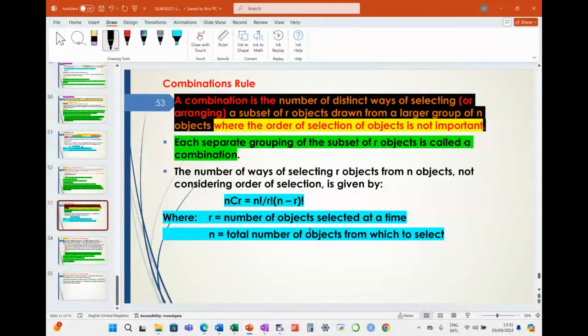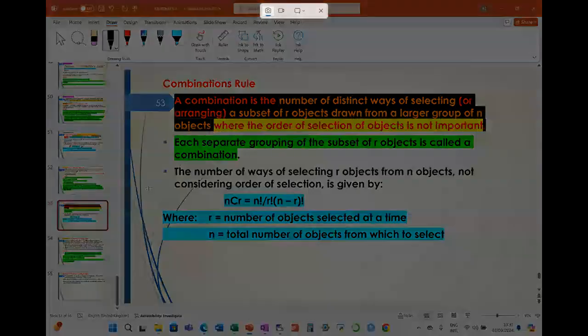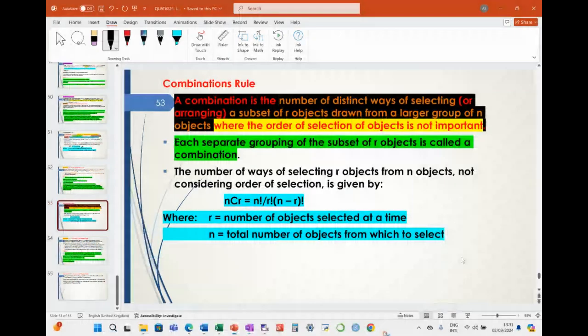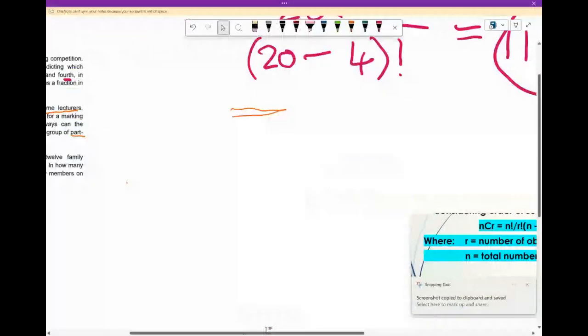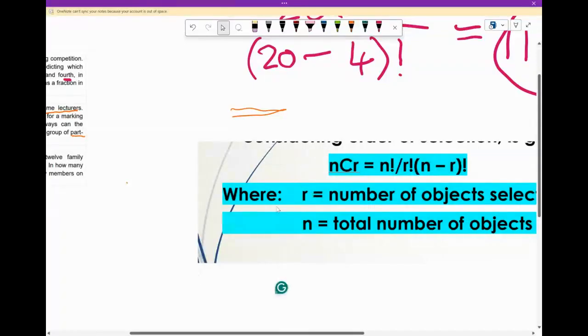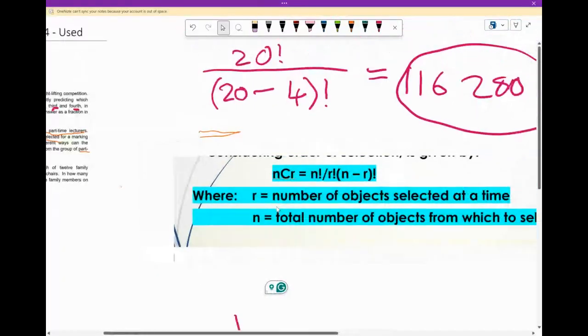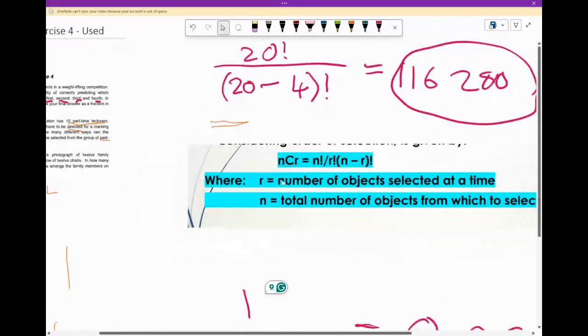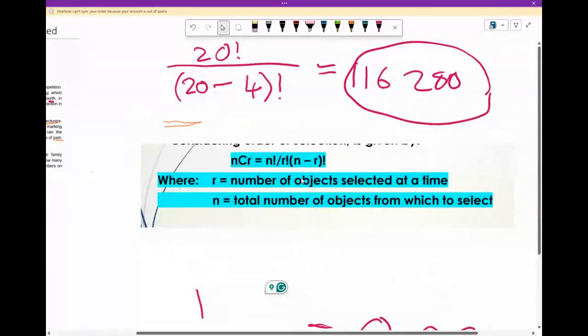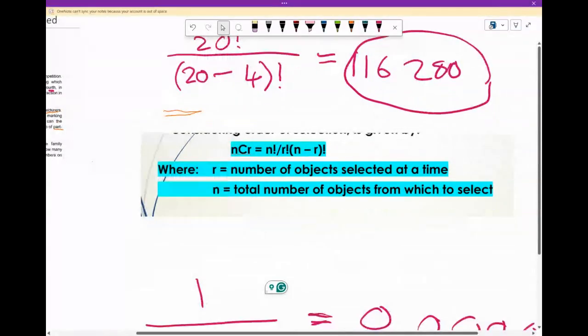So this is the type of question that we are dealing with. Remember, you are given formulas, but you need to know when to apply which formula. This formula, when it comes to combinations, is slightly different.